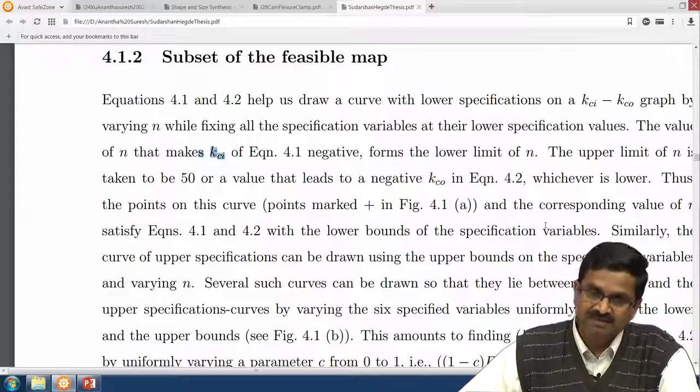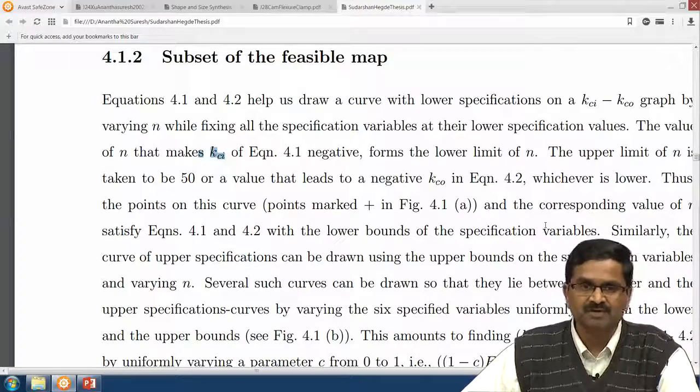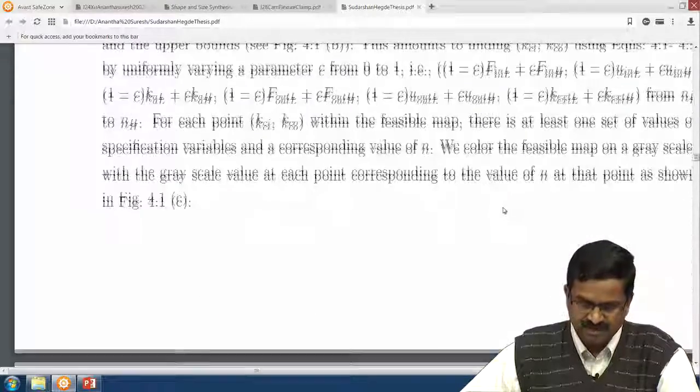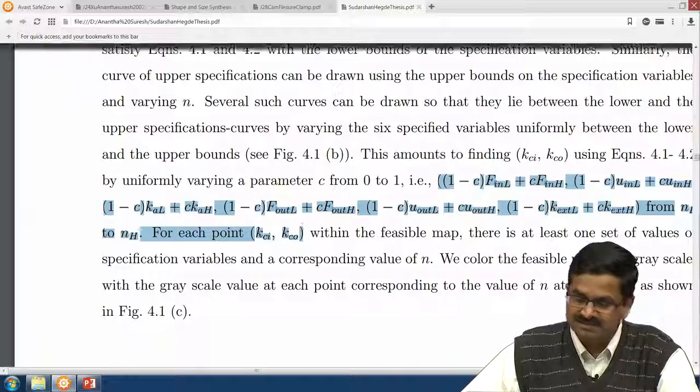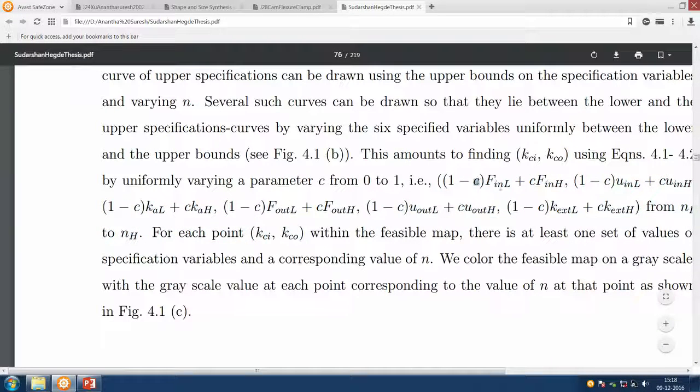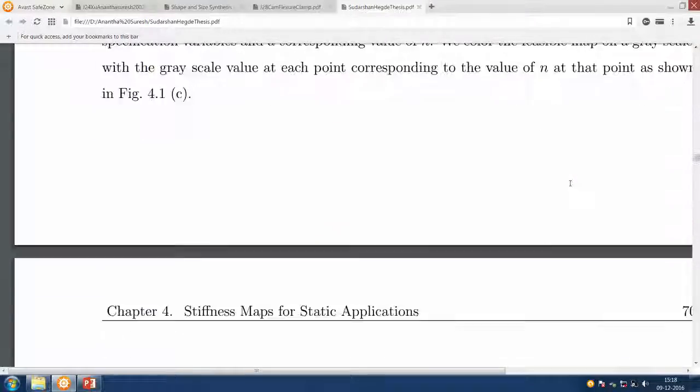Likewise, we get KCO minimum value and maximum value. When you do that, if you vary a parameter, like here it is C, that will have a range that is generated. Within that you have to find the extreme values.